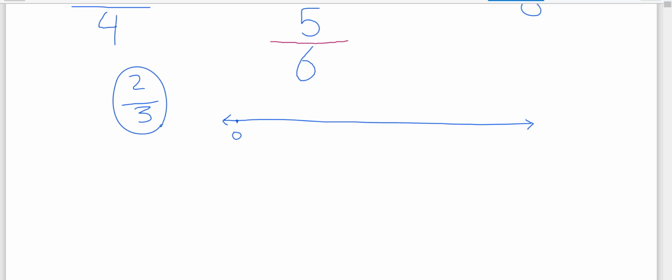Start from 0 and end at 1. For 2/3, we must divide this number line into 3 equal parts like this. Write 0 thirds, 1/3, 2/3, and 3/3.